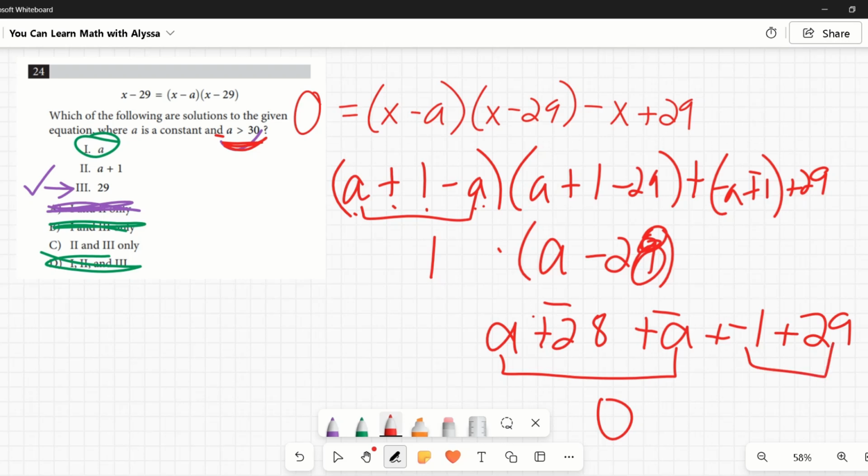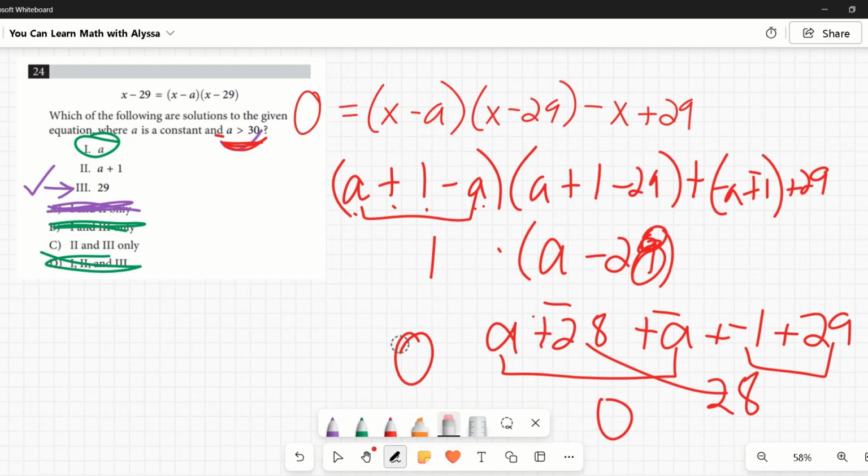Then negative 1 plus 29 is 28. And I keep writing 29. Shame on me. 28. There we go. Then negative 28 and positive 28 together are also 0. 0 plus 0 is 0. It works.